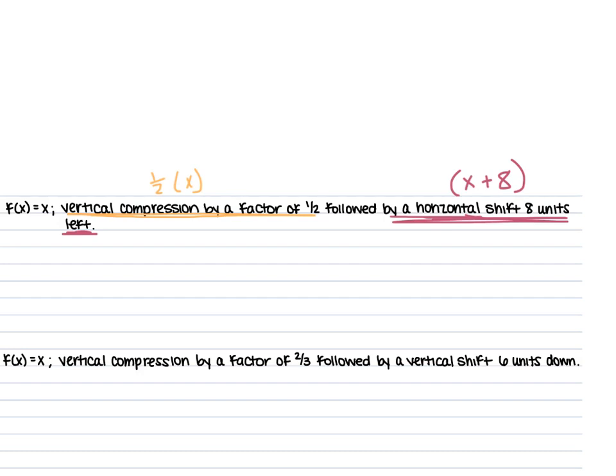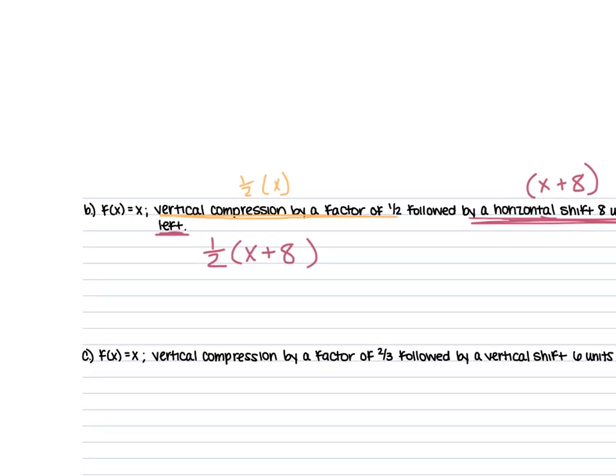So now we take our x plus 8, and we multiply that by 1/2. We have to make sure that our plus 8 stays on the inside and our 1/2 stays on the outside. So g of x is equal to 1/2 times x plus 8.